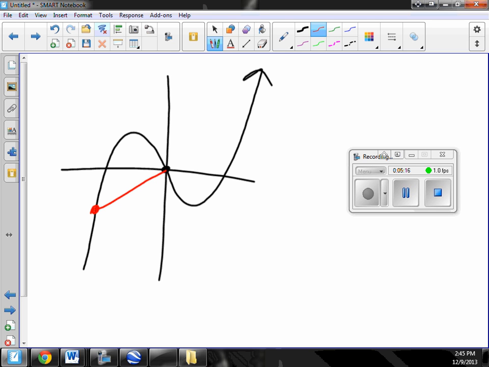And you keep drawing that line in the point.